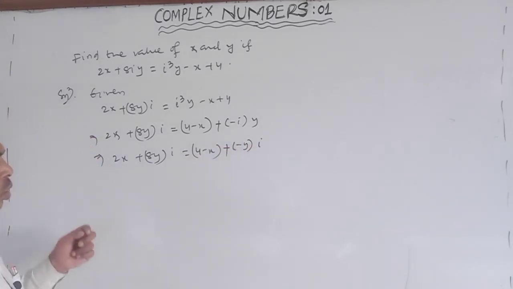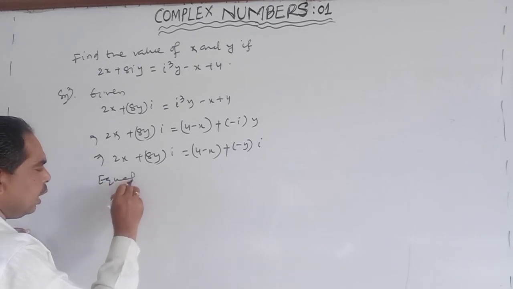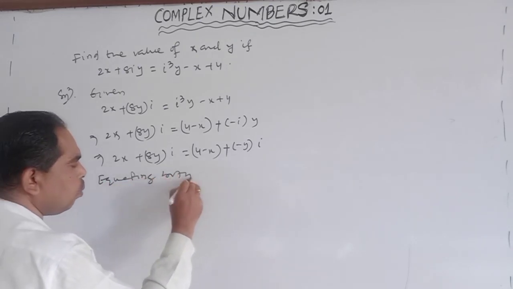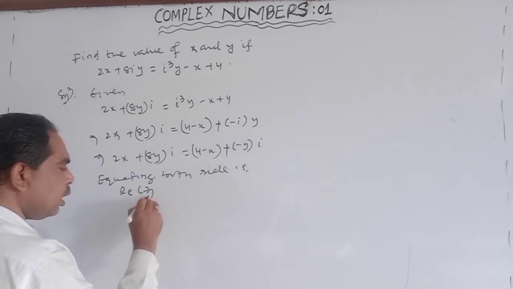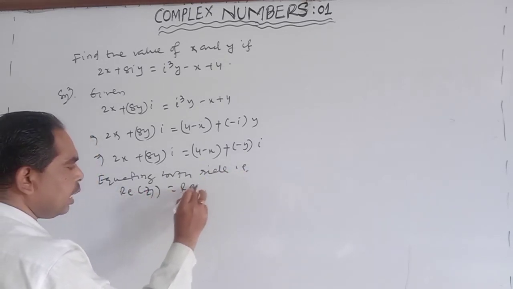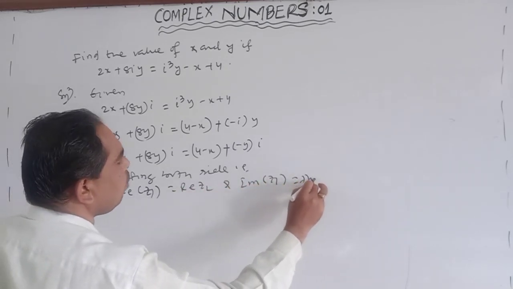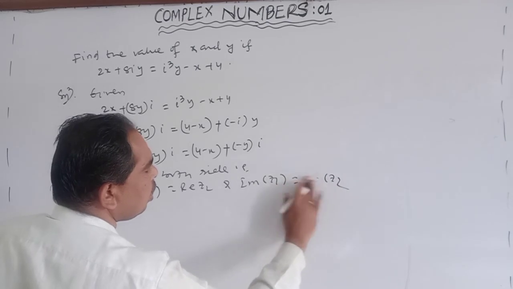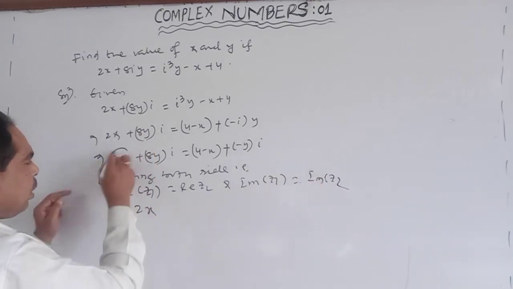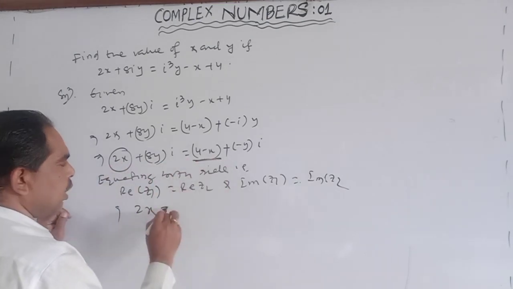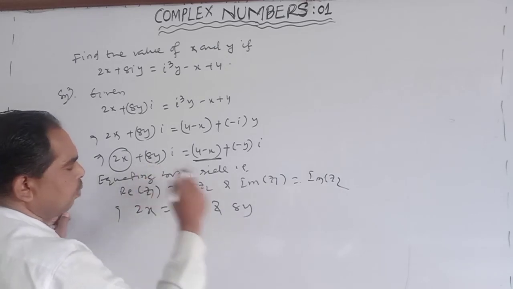So equating both sides, that is Re z1 is equal to Re z2 and Im z1 is equal to Im z2. Re z1 means 2x, this is the real part, this is also the real part, is equal to 4 minus x, and 8y, the imaginary part, is equal to minus y.